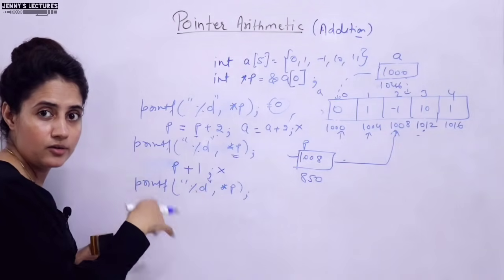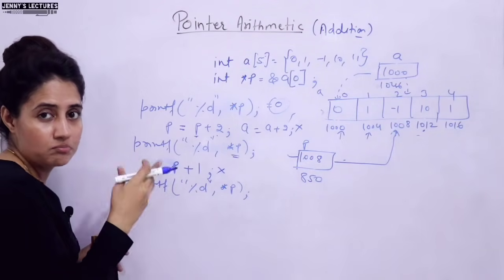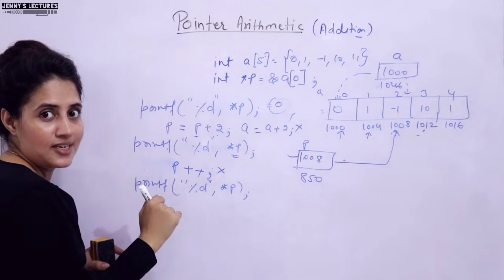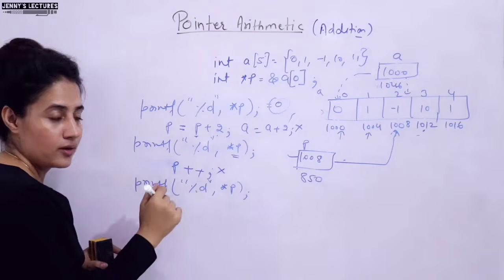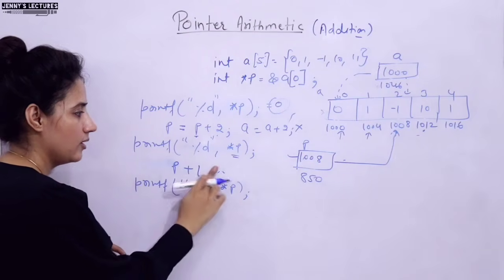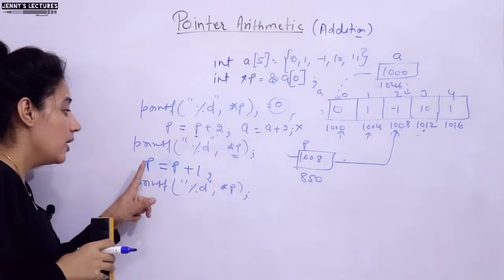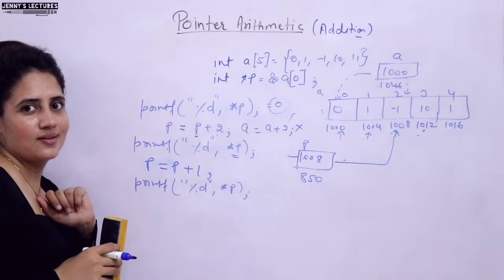You can check it, you can run it, and you can tell me in the comment box, maybe I am wrong. But if you do P plus plus, that is fine, because it is an increment operator. Ultimately it will add plus 1. If you want to write it explicitly, then you have to write P is equal to P plus 1.